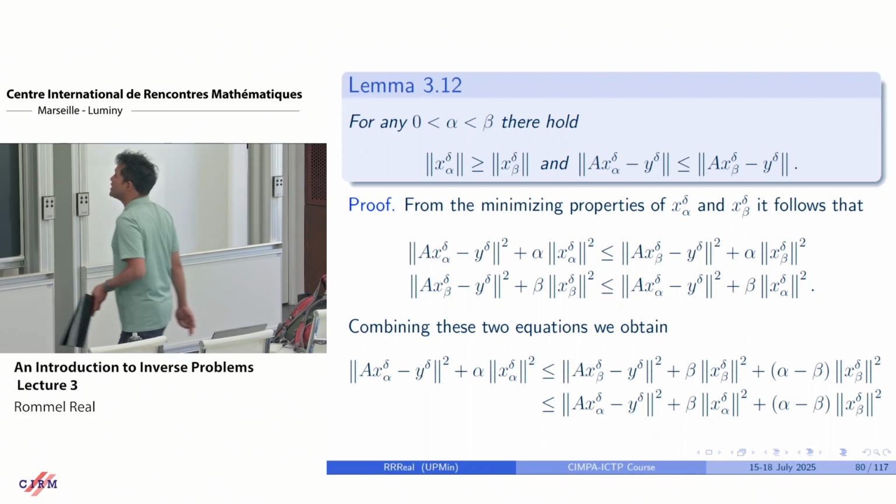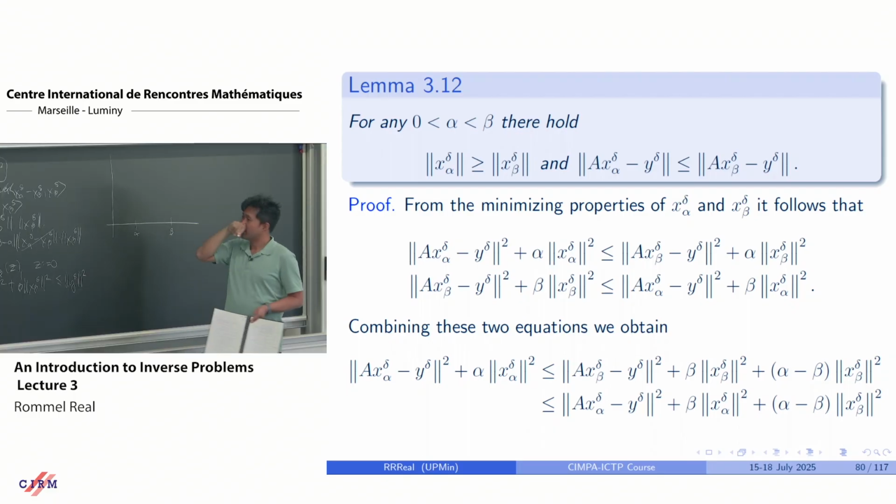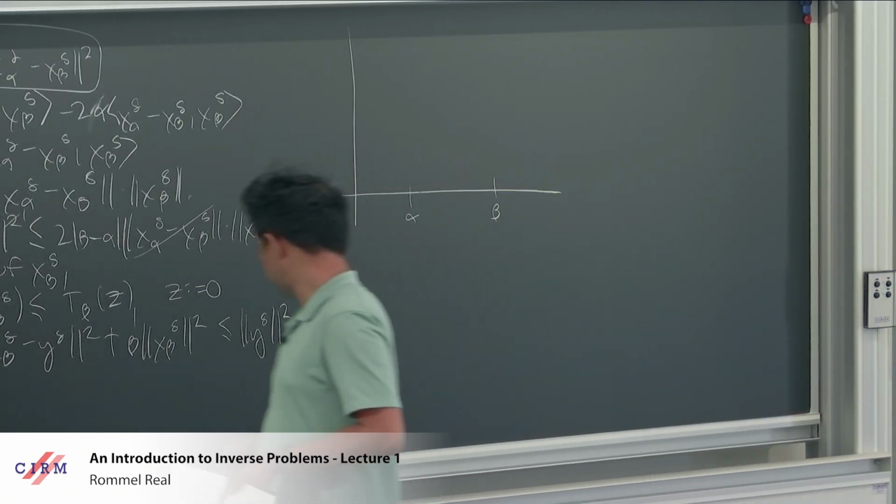Now, what does that mean? It's like this. Suppose you have alpha here and beta.